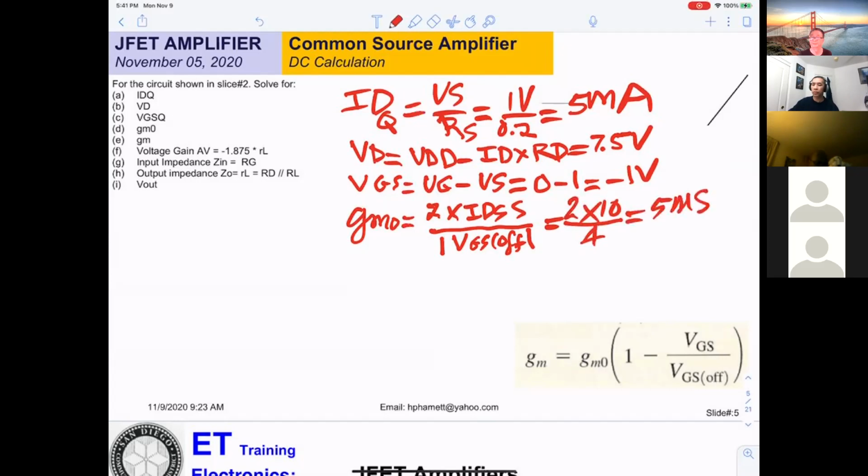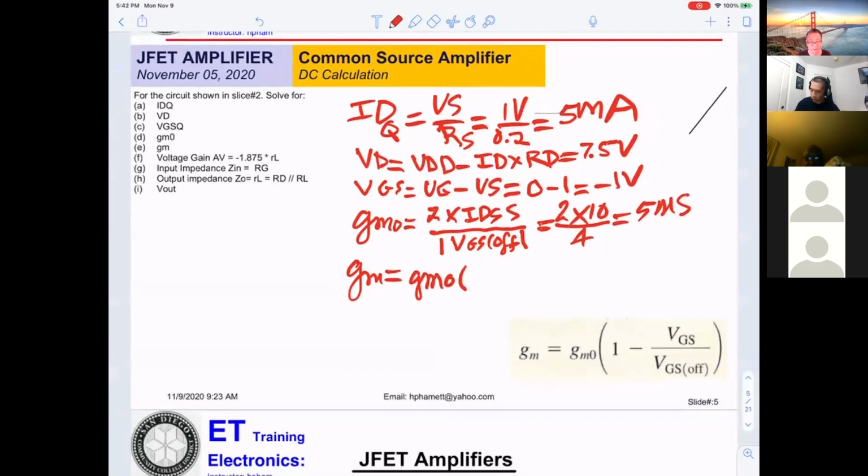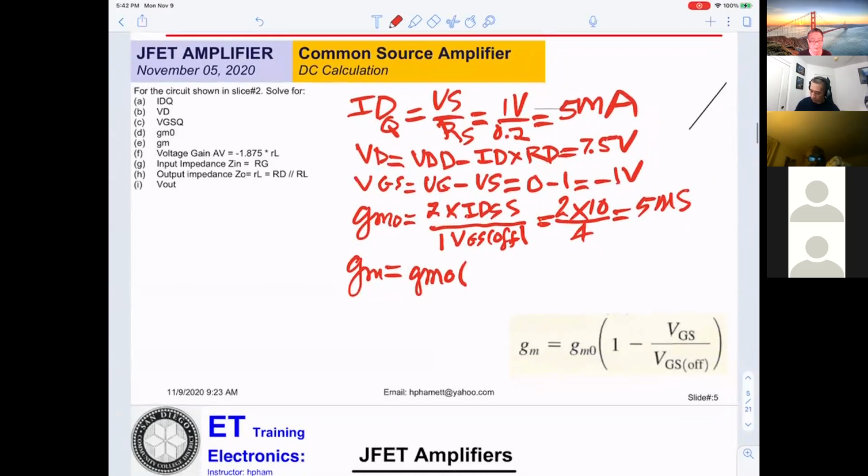And gm. What is the formula? The formula is gm equals gm0 times (1 minus VGS over VGS(off)). Mr. Pham, we can see that on the screen at the bottom right, where it says gm equals gm0, big parentheses, 1 minus VGS over VGS(off).